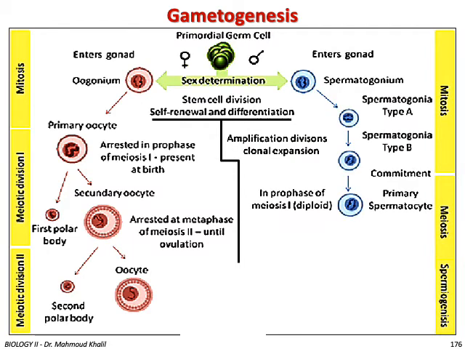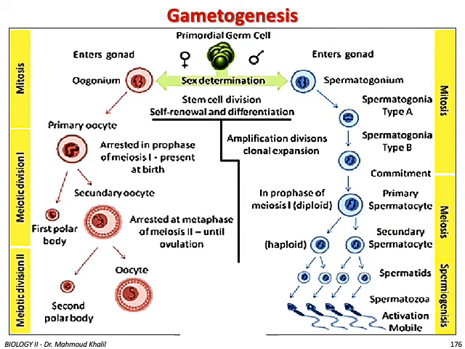Spermatogenesis starts with spermatogonia, and these spermatogonia divide mitotically to give a spermatogonium type A, then type B. Then they commit to give a primary spermatocyte in prophase of meiosis 1, still diploid.